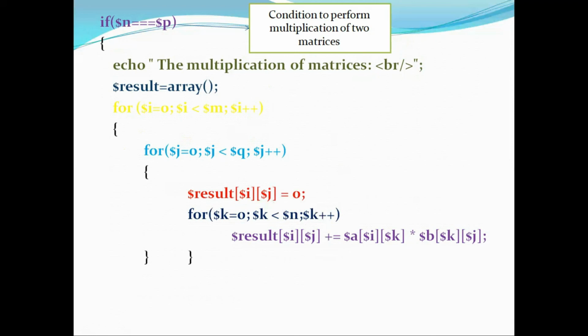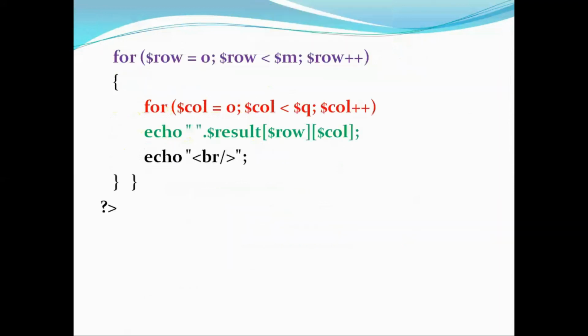Anyway, you already know these basic concepts from your primary education itself. So the same logic has been implemented by making use of PHP code. After that, we are printing the resultant array, that is the multiplication of two matrices.